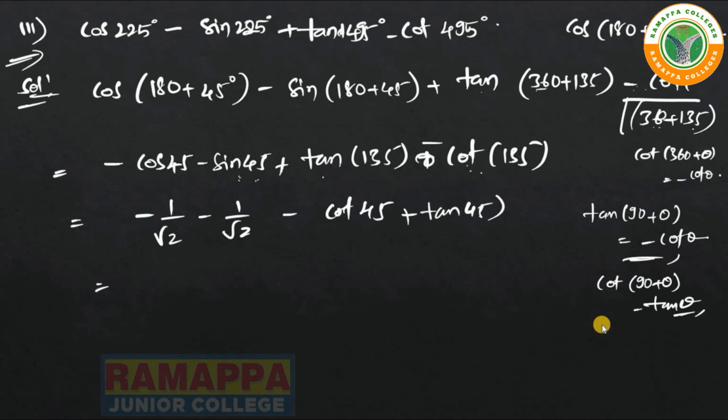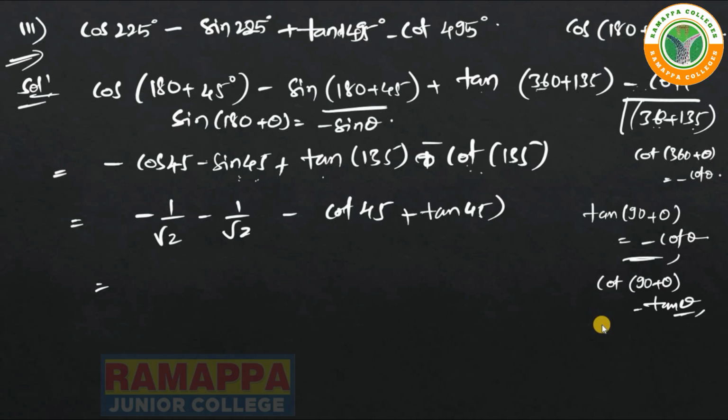So the answer here: sin 45, and sin of 180 plus theta is equal to how much? Minus sin theta. Sorry for this. The formula is sin of 180 plus theta is equal to minus sin theta.